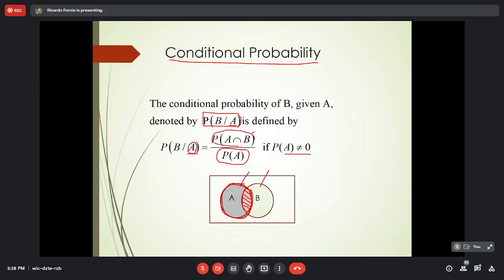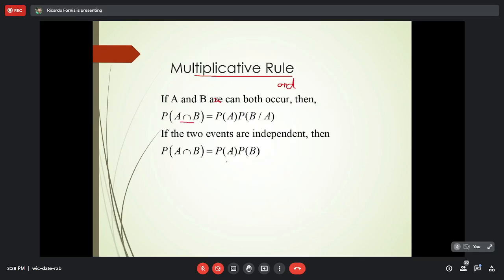Instead of solving for probability B given A, you are now solving for the probability A intersection B, which is just the same as the probability B intersection A, which is the same as the probability B given A times the probability of A. Okay, so A intersection B is the same as the probability A times the probability of B given A.